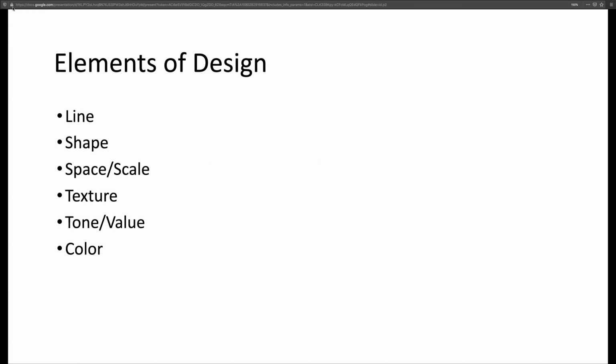And these are the six. Now, I want you to know these, and these six are in most art books. If you Google how many elements of design, you will get anywhere from 6 to 10. And so what I would really like for you to do is memorize these six and know these six.